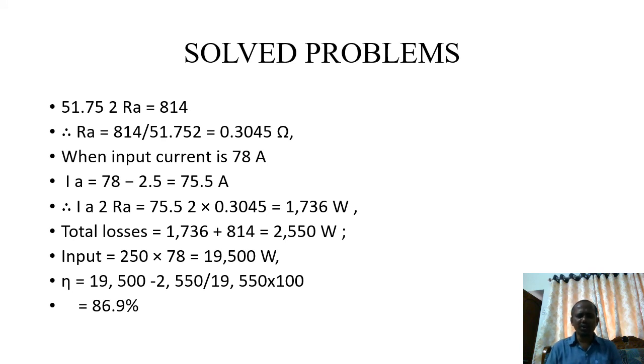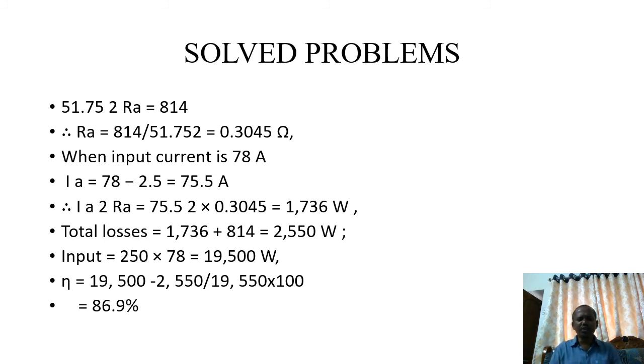Total losses is equal to armature copper losses plus constant losses. So here you can note the total losses: 1736 plus 814, which is equal to 2550 watts. That is the total loss of the machine.